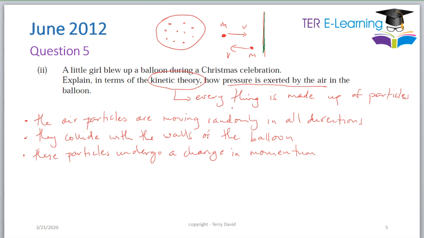Now remember, according to Newton's second law of motion, force is proportional to the rate of change of momentum. So therefore, since these particles undergo a change in momentum, the particles exert a force on the wall of the balloon.